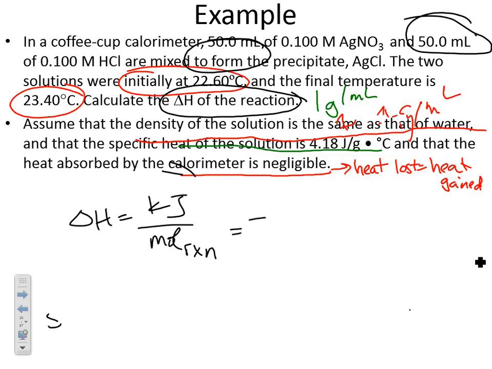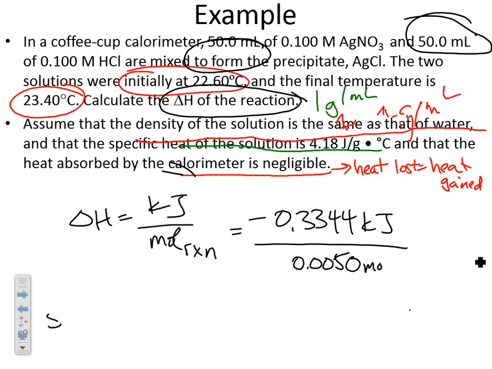We said the kilojoules was minus 0.3344. We said the per mole reaction, 0.005. Right? One thing, not adding them together, just one. Divide the two, we get a negative 66.9 kilojoules per mole reaction.